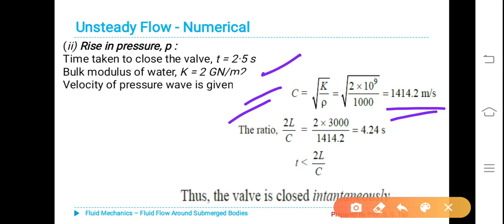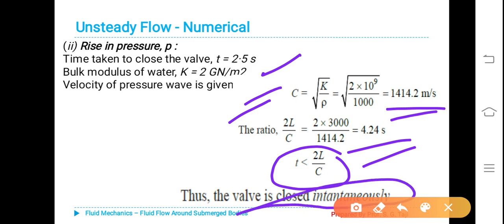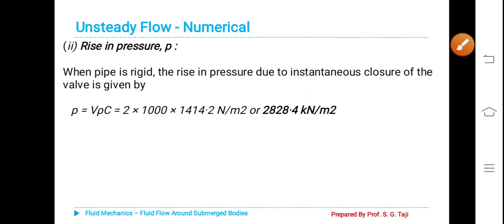Now the ratio 2L by C is equal to 4.24 seconds. That means given time T 2.5 seconds is less than 4.24. Hence, the valve is closed instantaneously. Got the point?